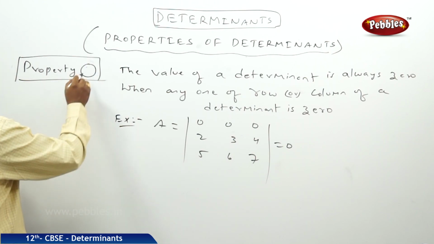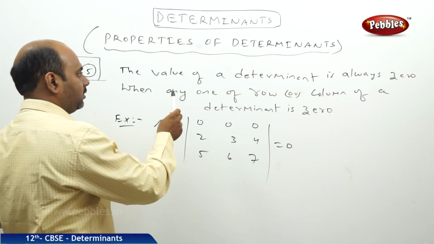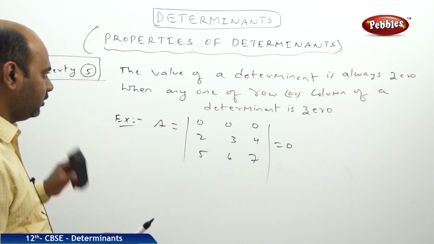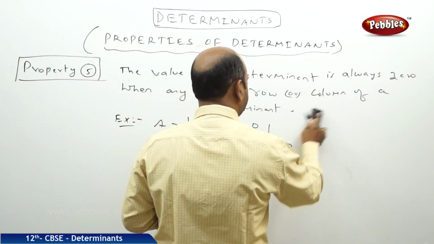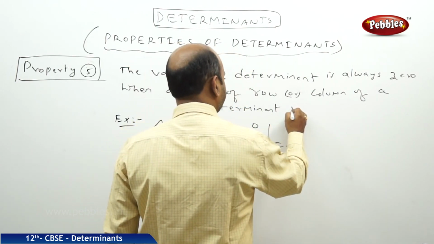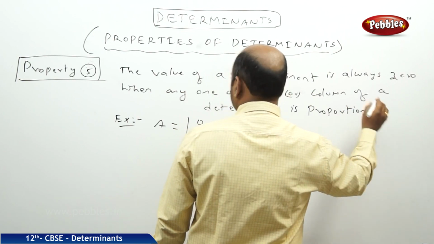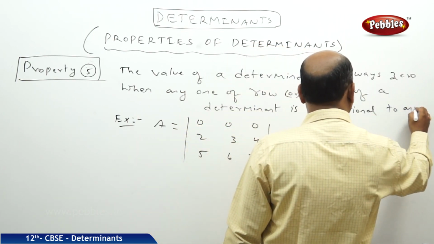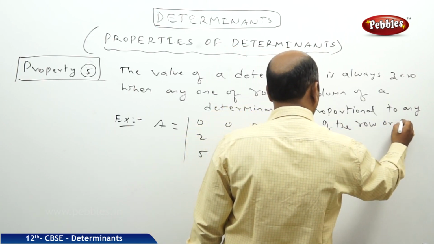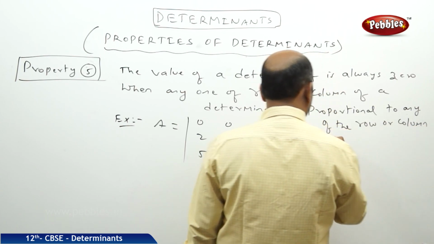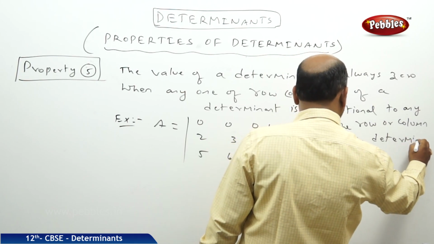Now I will be going for property 5. See here, a small change will be there. The value of a determinant is always 0 when any one of the row or column of a determinant is proportional to any of the row or column of the determinant.